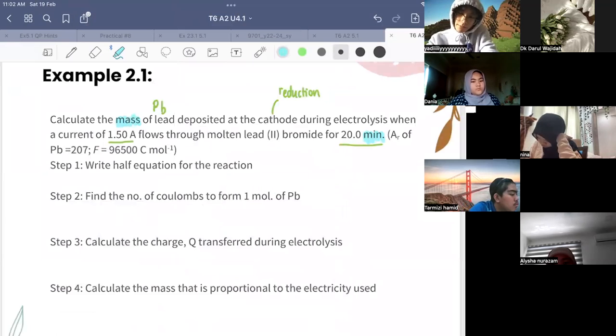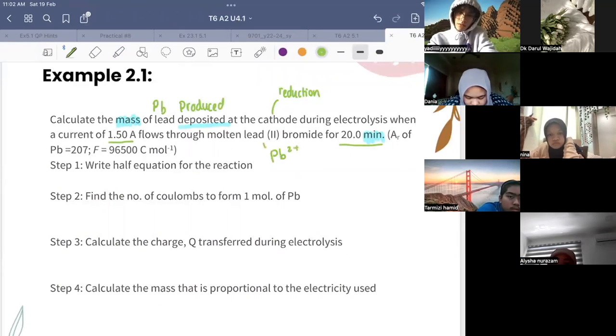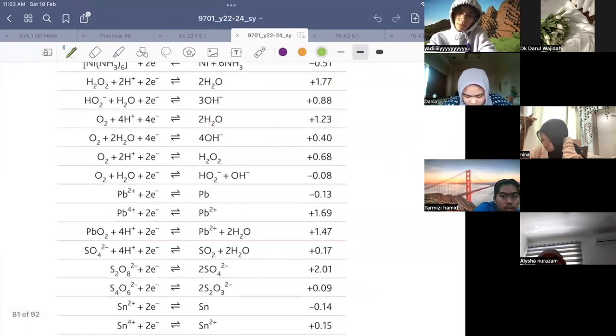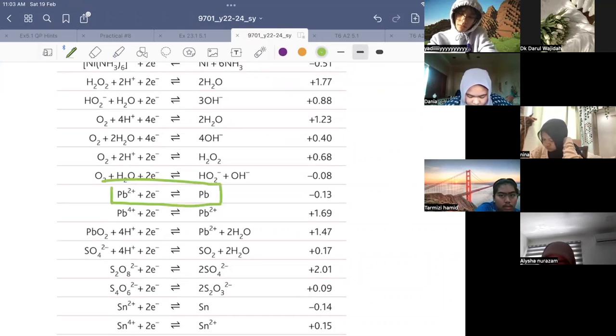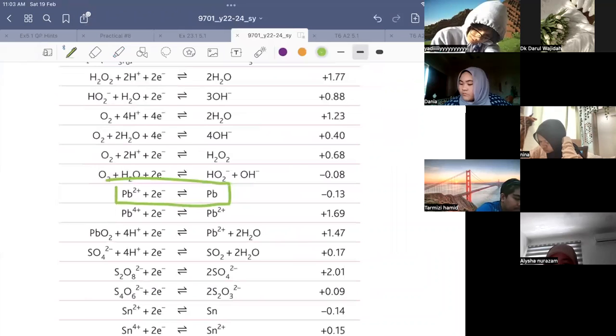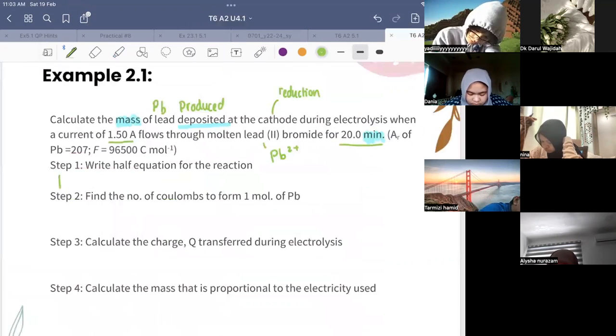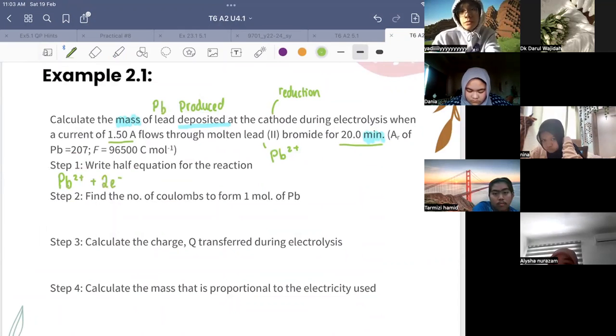Lead deposited means Pb is produced, so we should be looking at Pb2+ forming Pb. Do you all agree with that equation? Pb2+ plus 2 electrons forms lead solid.